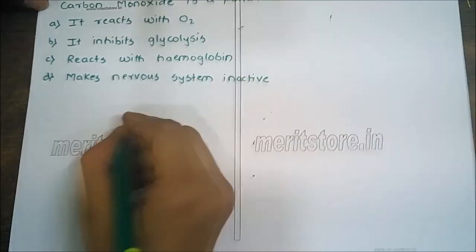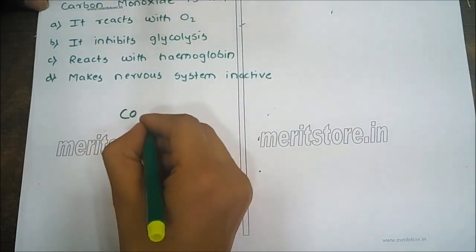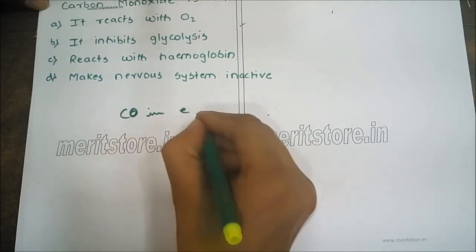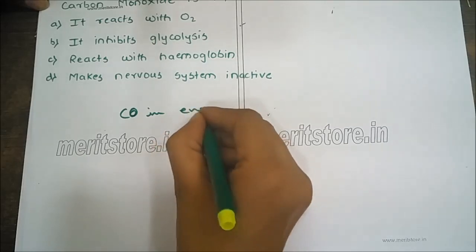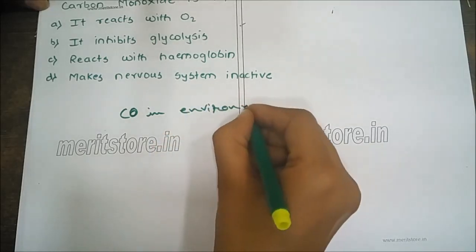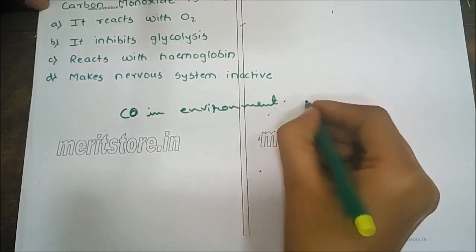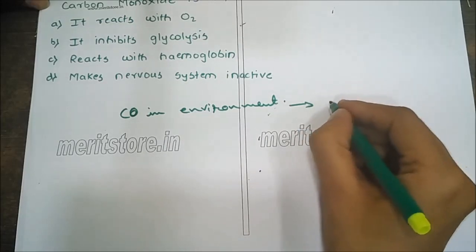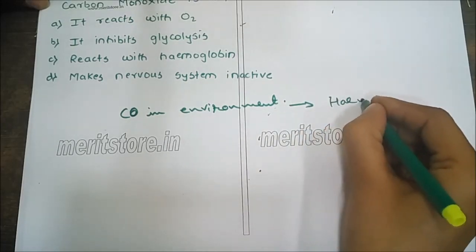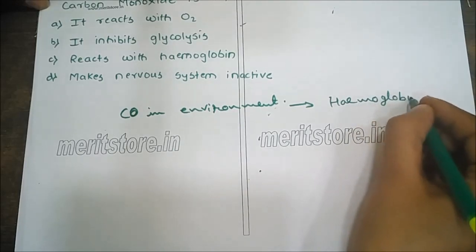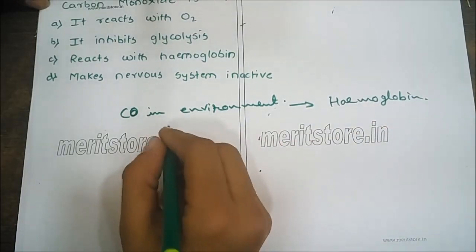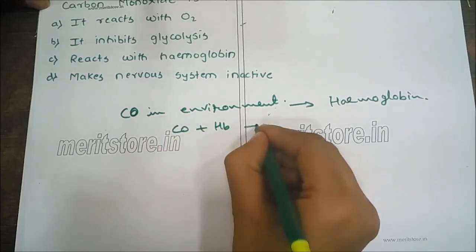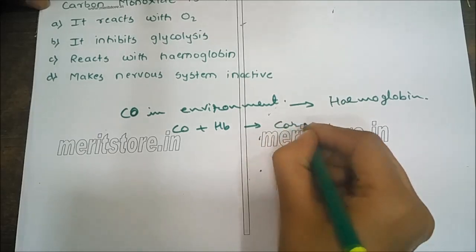The excess of carbon monoxide gas in the environment will cause inhaling of this carbon monoxide. When it is inhaled and goes into our body, it will react with the hemoglobin and make the carboxyhemoglobin compound.